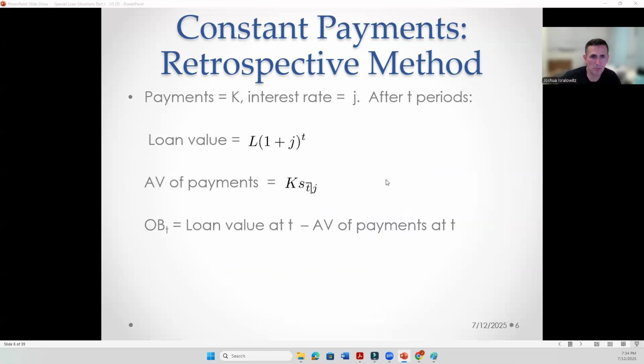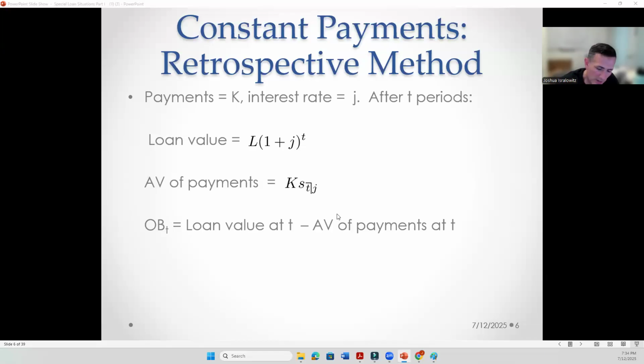So exactly like we did in explaining why the retrospective method makes sense, the outstanding balance is intuitively the loan value minus the value of all your payments, time valued from the first payment to T. So how much you owe should be the loan value minus the value of your payments from the first payment all the way to some T. That's basically what an equation of value means, and loans are equations of value.